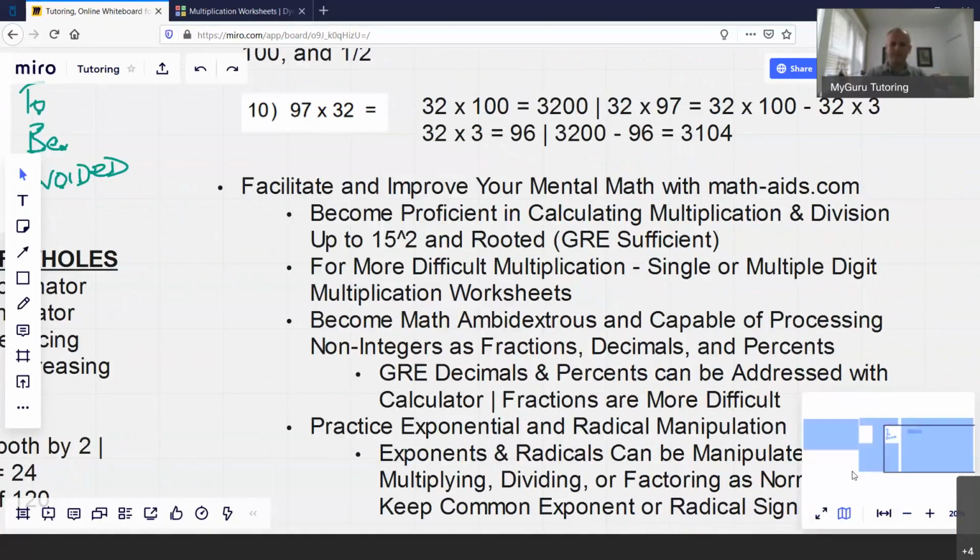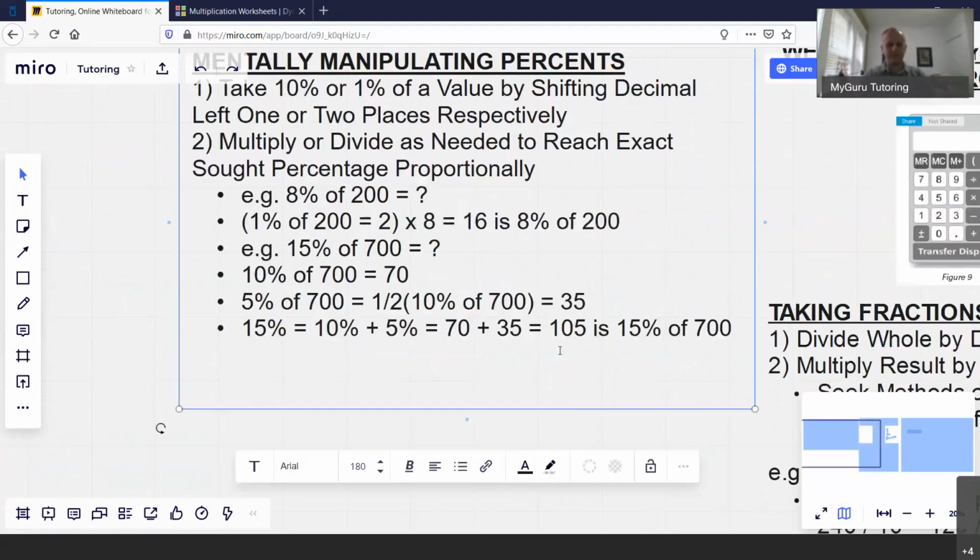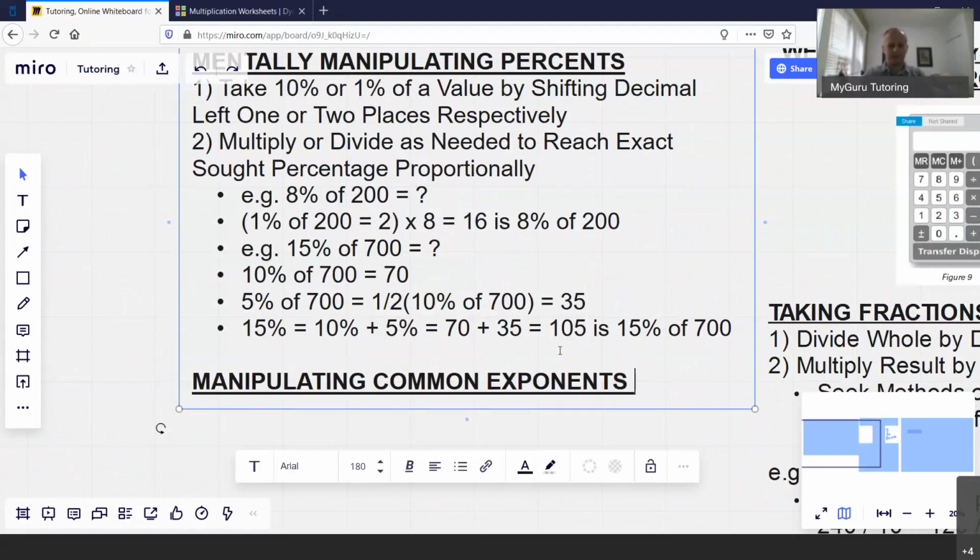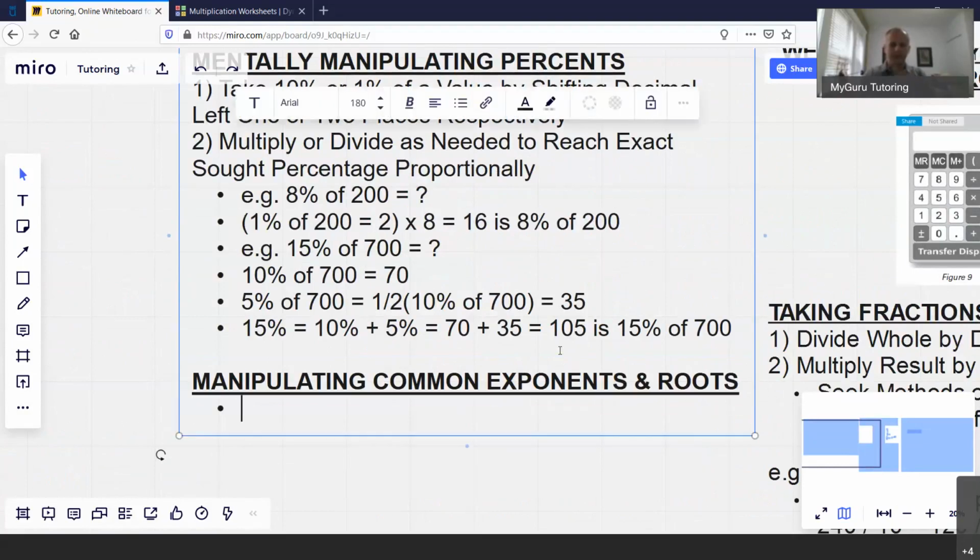So, as far as manipulating common exponents and roots, if we have, let's just say, 4 to the third times 3 to the third, we can just combine pieces but keep the exponents. So what is 4 times 3?